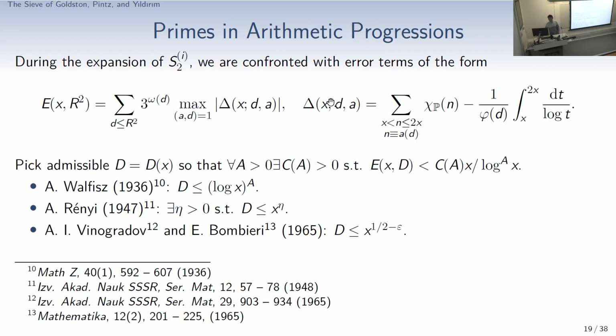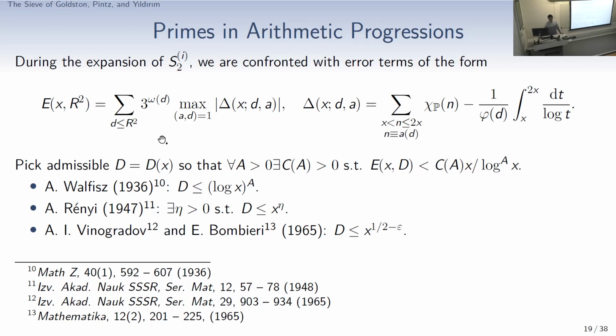And the error terms of the prime number theorem for an individual arithmetic progression are easy to control. However, if we sum over those errors together on different arithmetic progressions, that would be a different situation. And we denote this whole error term by E, and it depends on x because we have an x here, and it also depends on r squared or d, as in the sum.